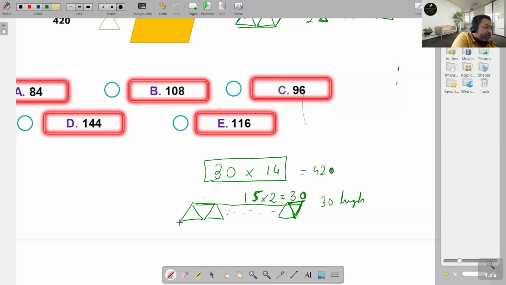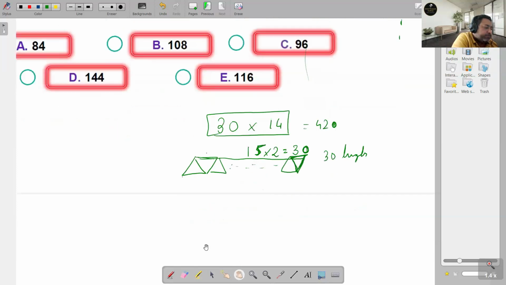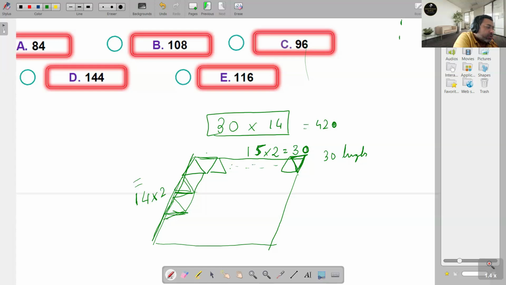All right. Now, if you have 14 rows like this, sorry, these should be like this. If we get 14 rows like this, then this side length here is going to be 14 times 2, which is 28.